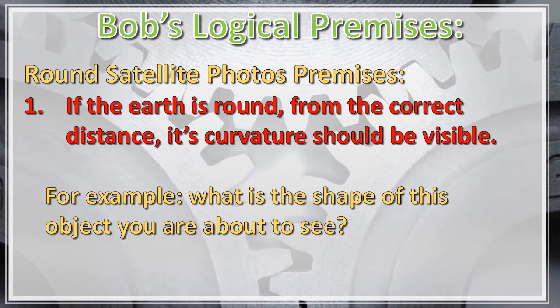The first premise is based on a logical conclusion that distance can enhance observation. To explain this principle, I will ask you to guess what the shape of the next object is from three different perspectives of distance. This is perspective 1. What shape do you think this object is? At this vantage point, we can't really tell.